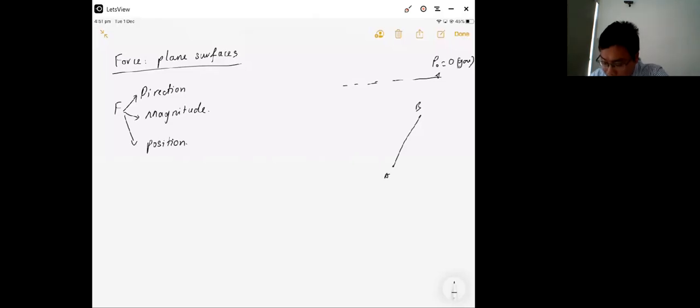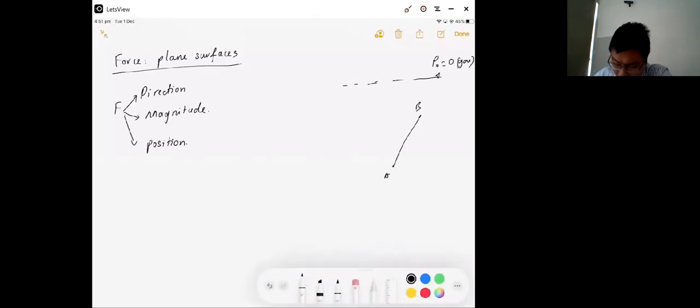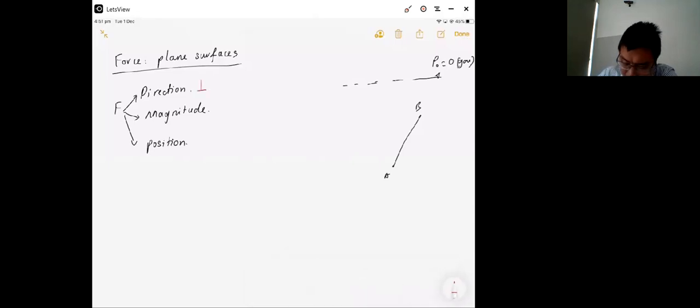Okay. And this force, about the direction, will be perpendicular to the surface AB. About the magnitude, we know that force will be equal to pressure times area.